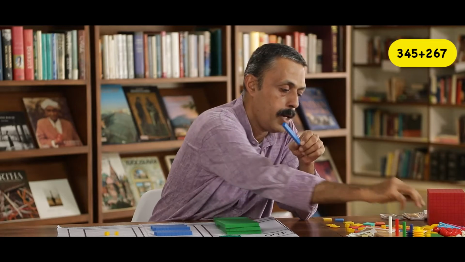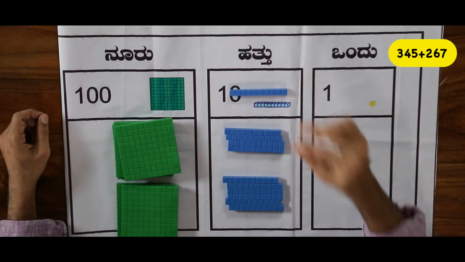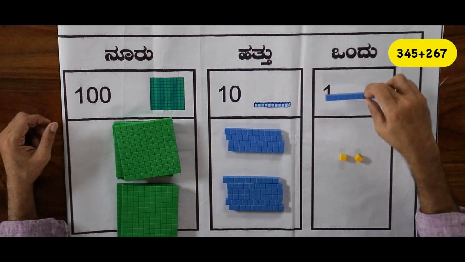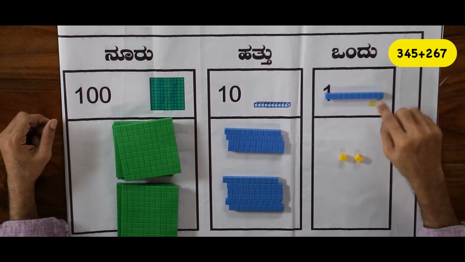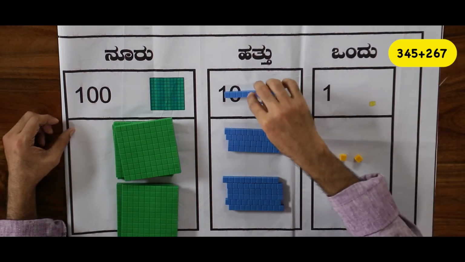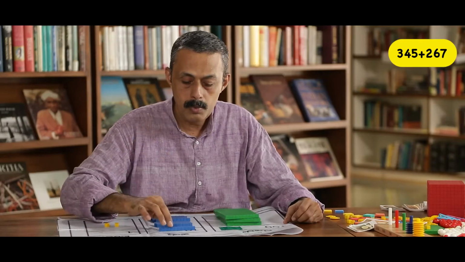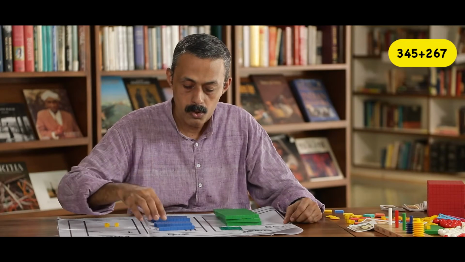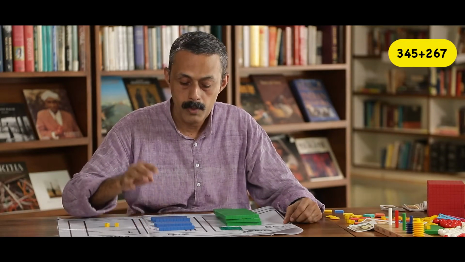In exchange for these yellow cubes, we got 1 blue rod. We can place the blue rod here, correct? It is not possible to place the blue rod in this position because this house allows only yellow cubes. So we gave 10 yellow cubes to the bank and received 1 blue rod. What should we be doing next?